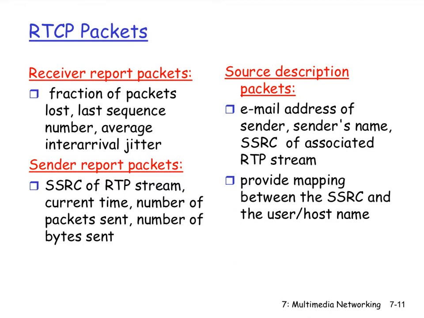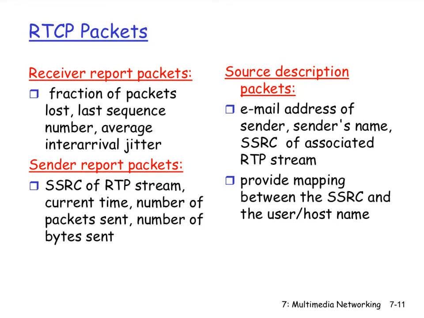The other, sender report packets, send the SSRC, because as we said, each RTP session has an RTCP session that corresponds to it. So this RTCP session will identify what is the stream identifier and the current time. And this current time, as we will see in a minute, is an absolute time. And then the number of packets sent.